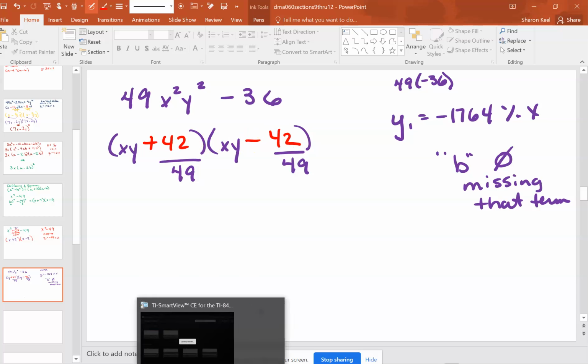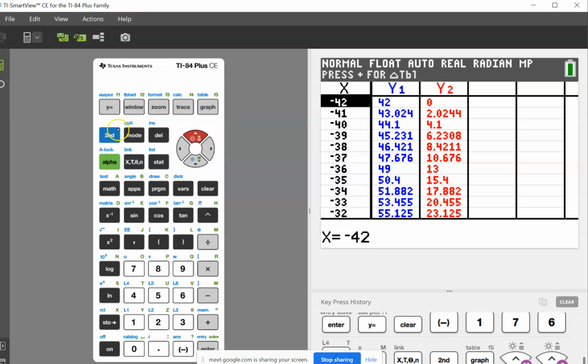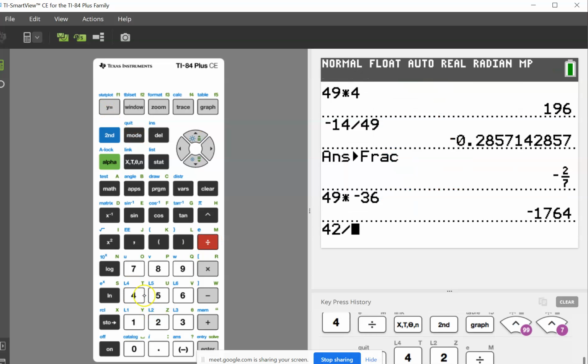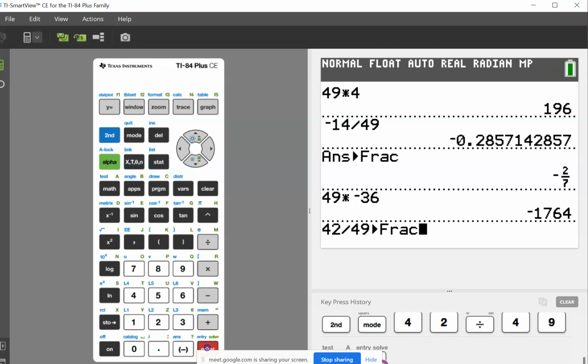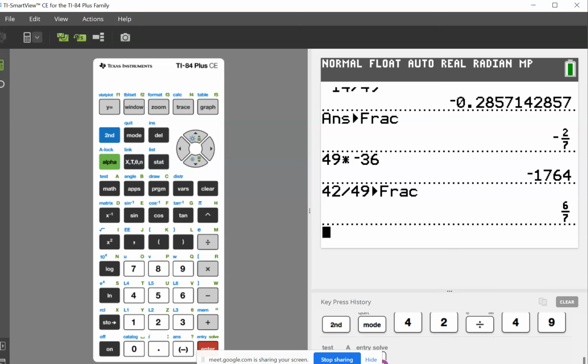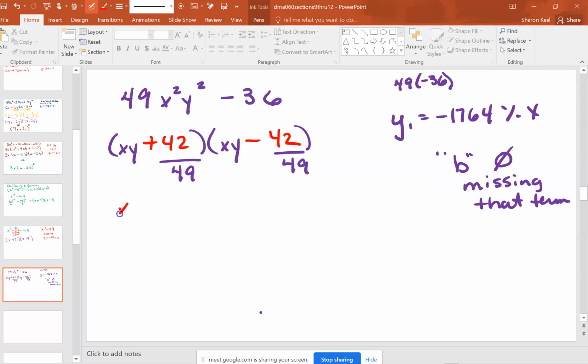So for our answer here, we have a positive 42 and a negative 42. We need to simplify that fraction. So we're going to do 42 divided by 49. Math, enter, enter. That gives us 6/7. So we're going to have xy plus 6/7 and xy minus 6/7.